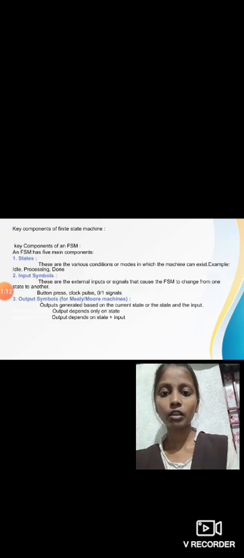Key components of finite state machines. In FSM, there are 5 main components. First one, state. These are the various conditions or modes in which the machine can exist.